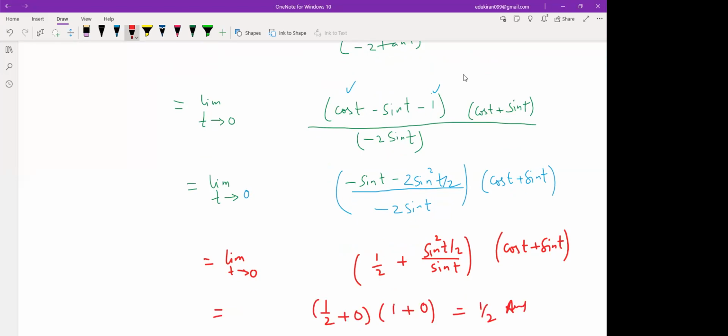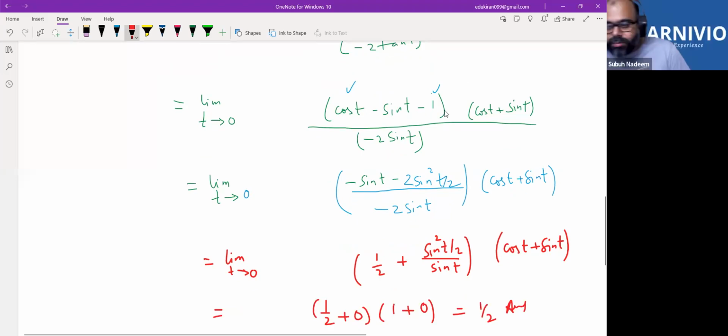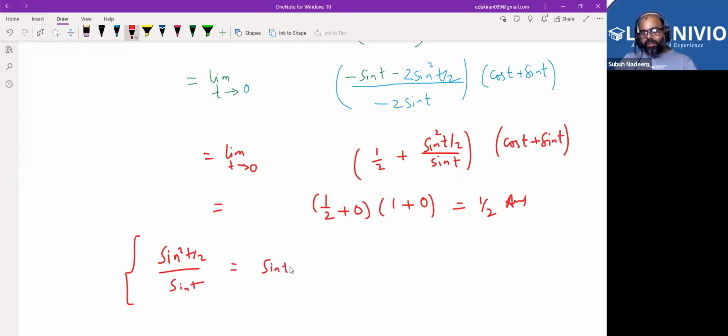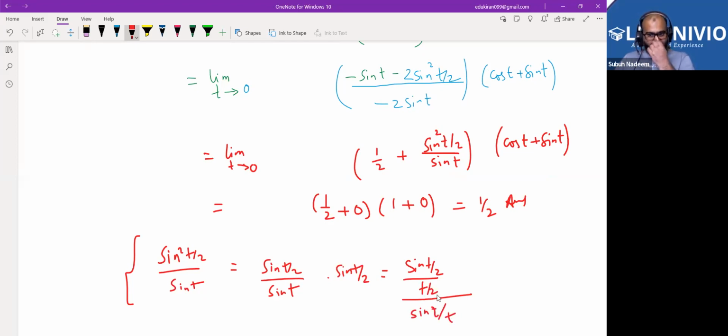Sir, how did that become 0? This will become 0 like this: sin square t by 2 by sin t. Right? Now you write it as sin t by 2 by t by 2 into sin t by 2, and then divide by t here also. And here sin t by t, you divide by t here also, and into 1 by 2 into sin t by 2, like this with the extra t.